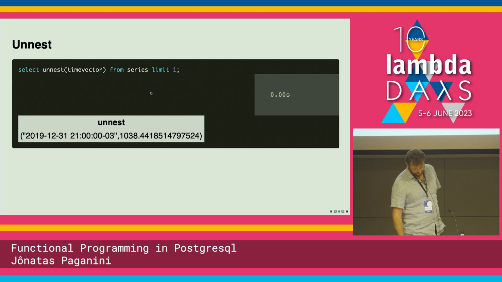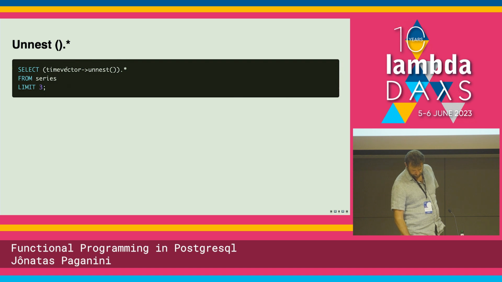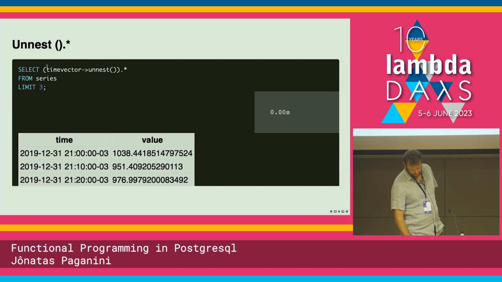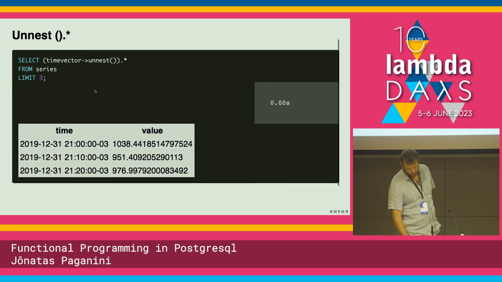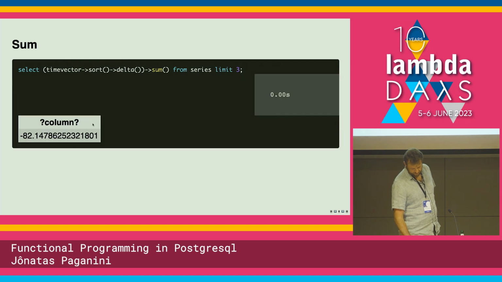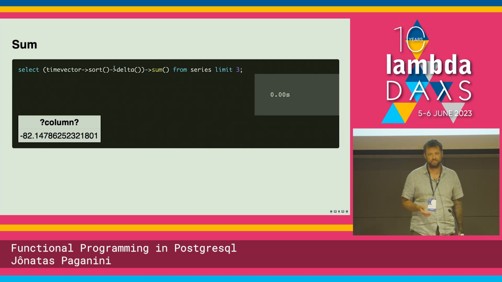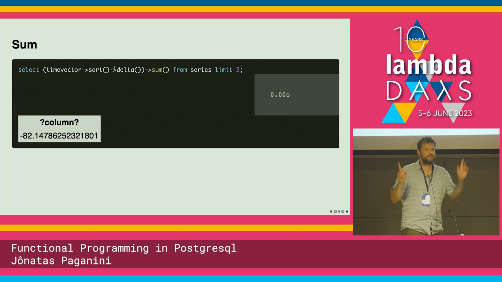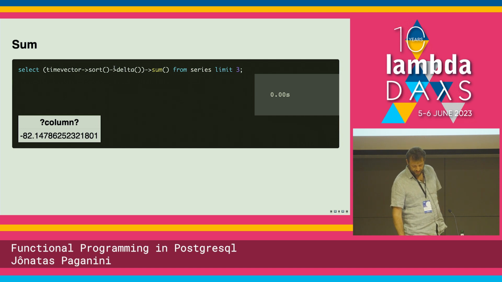And then I can just have more values to show it, not with a single value. So this is the example that we showed previously. So just like you sort the elements, and then you apply delta, and then you sum the values, and you have some, let's say, volatility or some kind of volatility example, right?